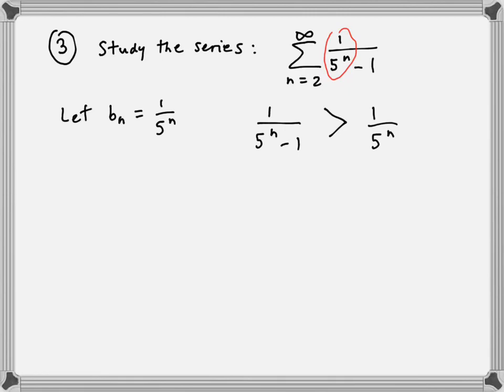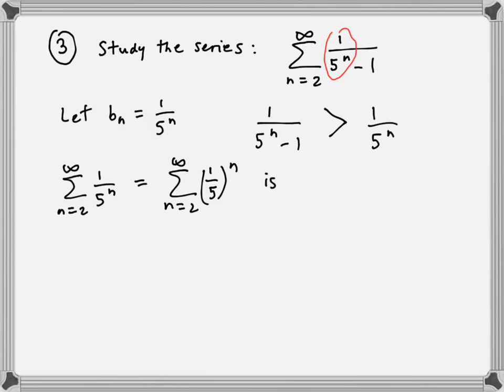Now let's look at 1 over 5 to the n. What kind of series is that? Well, this is clearly a geometric series. What's the first term?